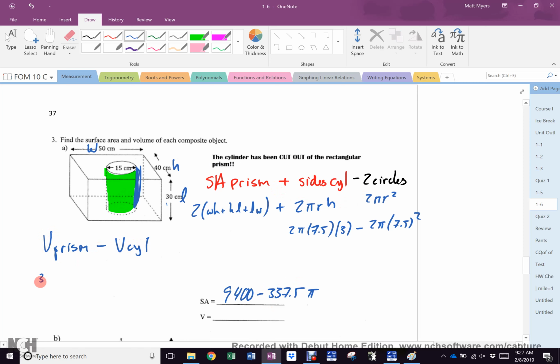Volume of a prism is 30 times 40 times 50, which is 60,000, minus the volume of a cylinder, which is pi r squared h, which is 7.5 squared times 30, which I cannot do in my head. 7.5 squared is 56.25 times 30 is 1,500 and something. So this would be about 58,000. Pi times 3. This would be about 54,000.